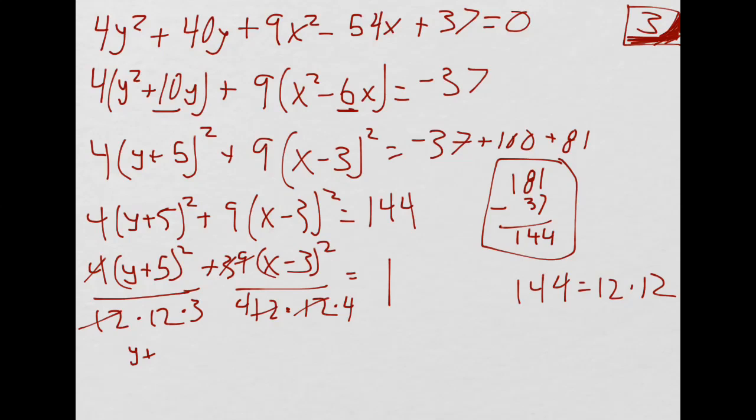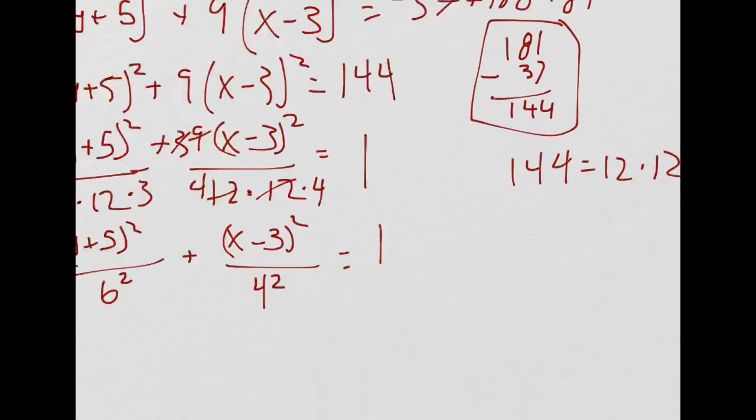So finally, we get y plus 5 squared over, what do we end up with? 12 times 3 is 36, which I'm actually going to write as 6 squared, plus x minus 3 quantity squared over 16, which is 4 squared, and that is equal to 1.